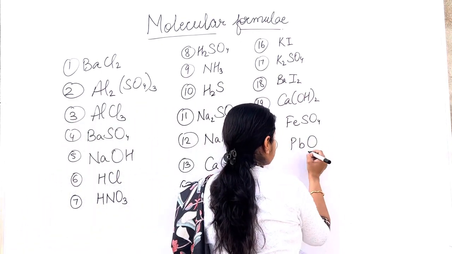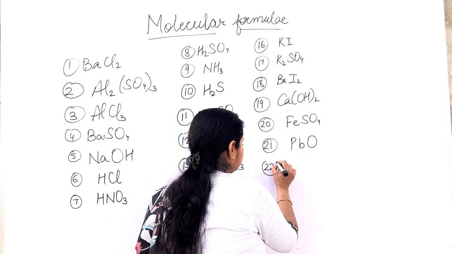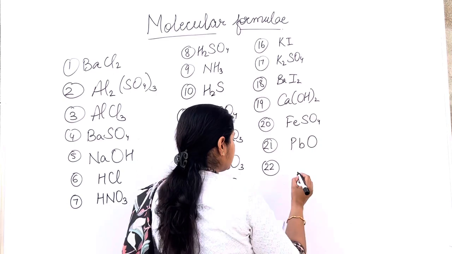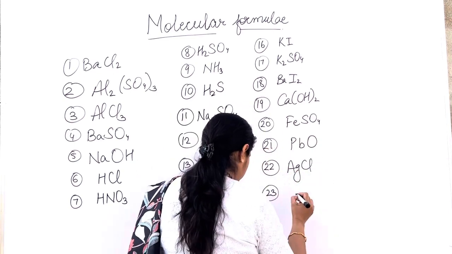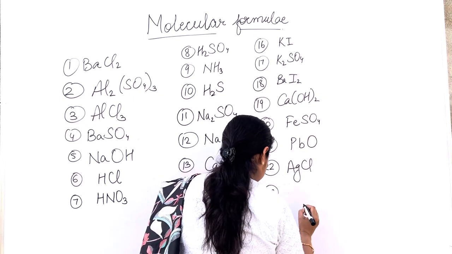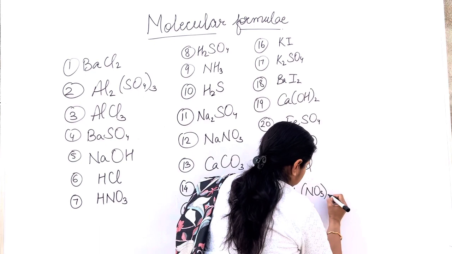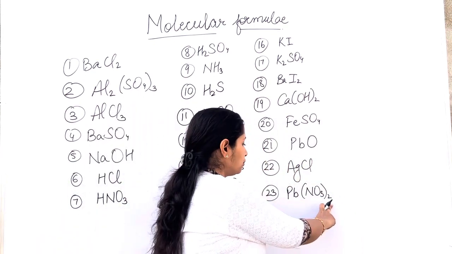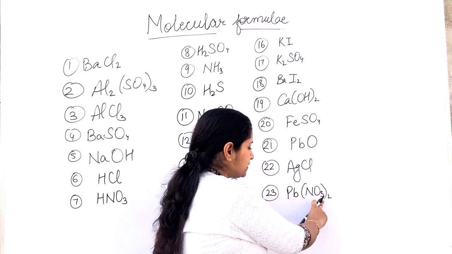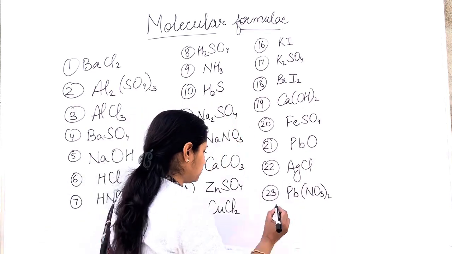Next is lead oxide. Lead +2, oxygen -2. Next is silver chloride. Next is lead nitrate. Lead is having a valency 2, so it's written below nitrate, and nitrate has a valency 1, so it's written under lead, so 1 need not be written.